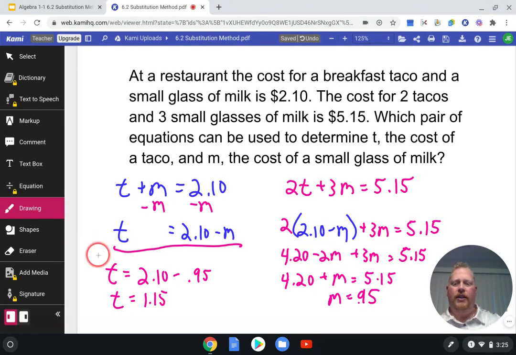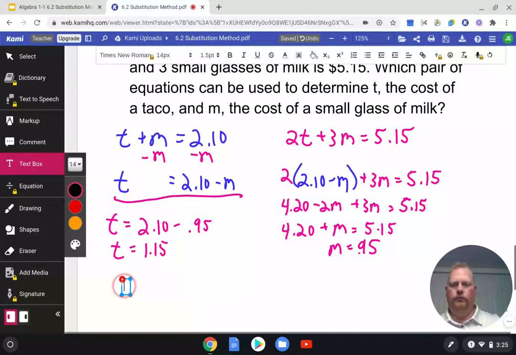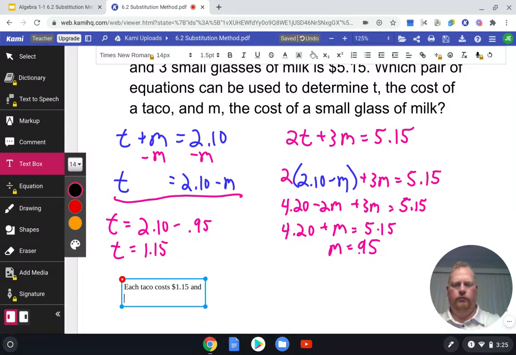So let's put our answer in word form. Each taco costs $1.15. And each glass of milk costs 95 cents.